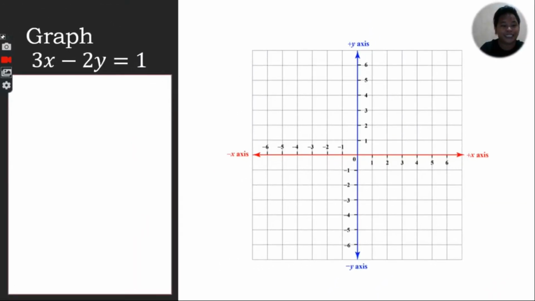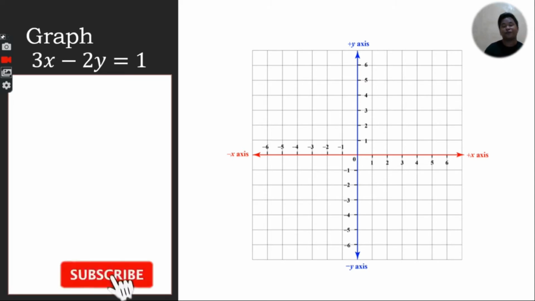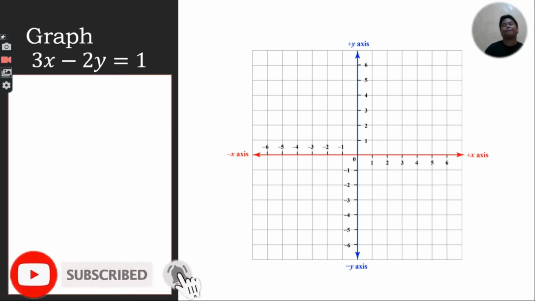Next po to graph is the equation 3x minus 2y is equal to 1. In this case po, if we're going to find the x and y intercepts, the values are fractions po. So, better po na we can use the trial and error method to find the values of x and y.